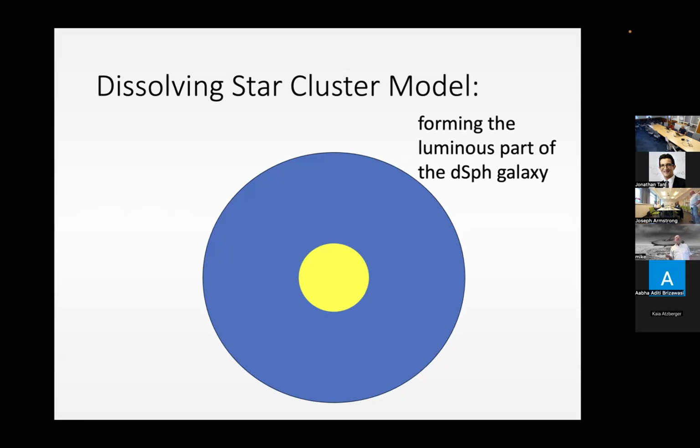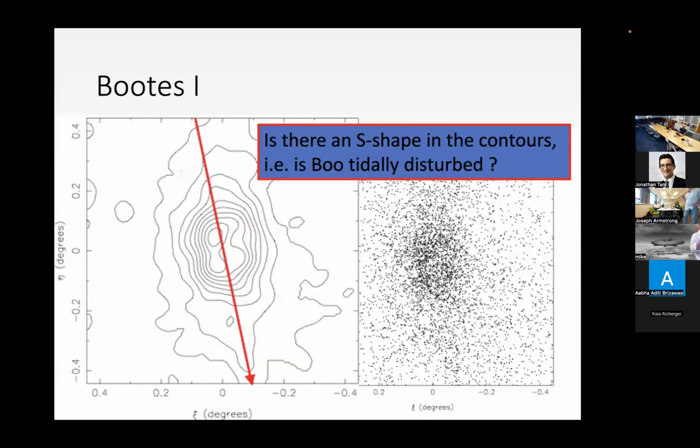Now, can we prove one or the other scenario? Well, what we see in real life is that those low density blobs like Bootes 1 have disturbed contours. So it could be that they are tidally disturbed. But if they are still very well within a dark matter halo, those tidal disturbances would point to a rotation origin, like a disk galaxy.